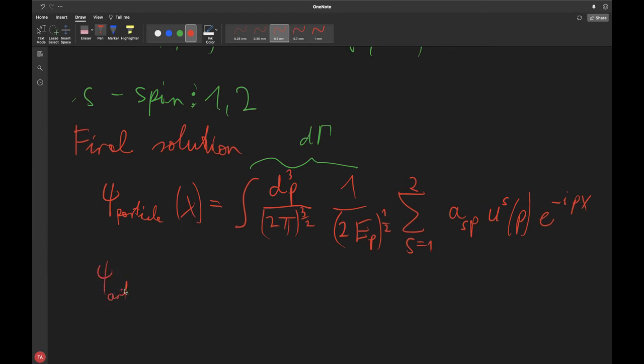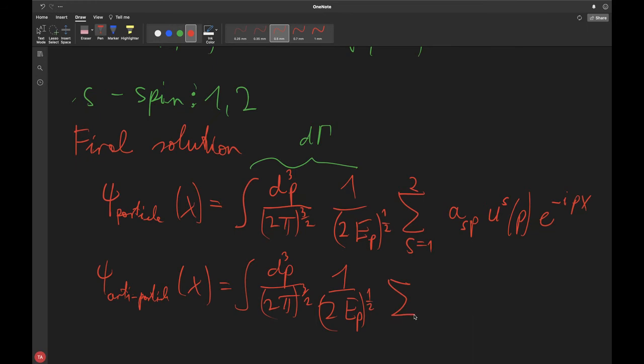For the antiparticle, depending on x, we have the same normalization and integral for the momentum space. We have the (2π)^(3/2), (1/(2E_p))^(1/2), and the sum for the spin 1 to 2, and it's going to have a different factor here.